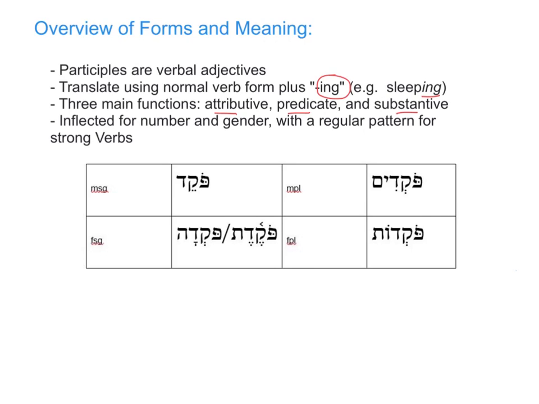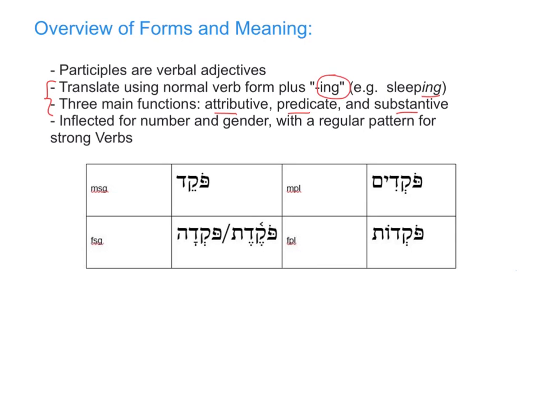So what we're getting there is that concept of a hybrid. They're verbal, they're expressing an action of some sort, but they're also functioning in the same way that our adjectives function that we learned a while back now: attributive, predicate, and substantive. So there again we're looking at something new but building on something old.